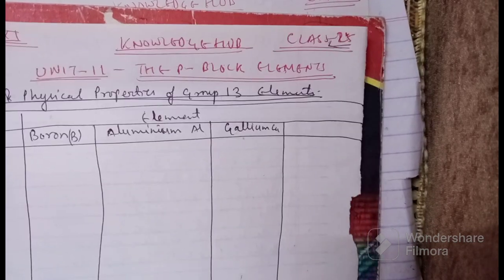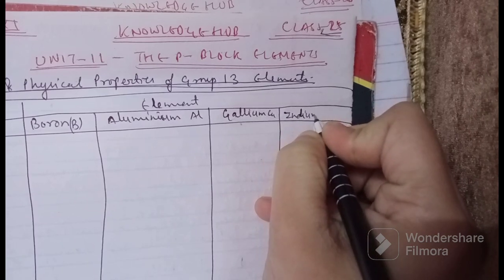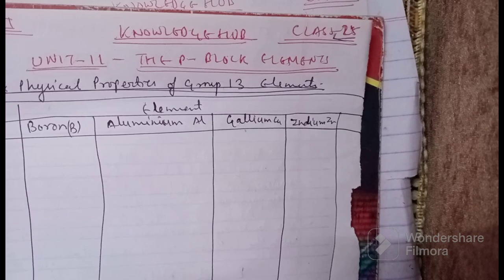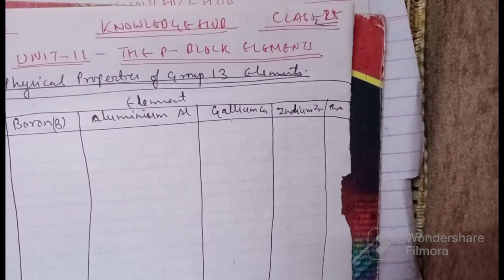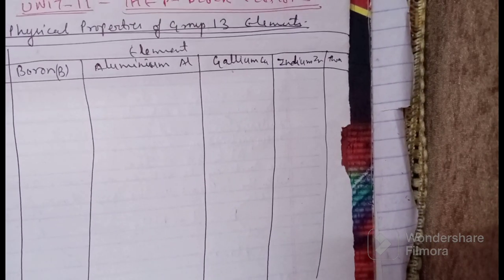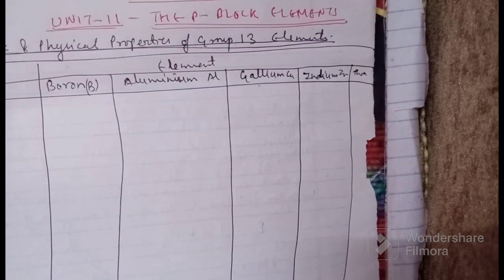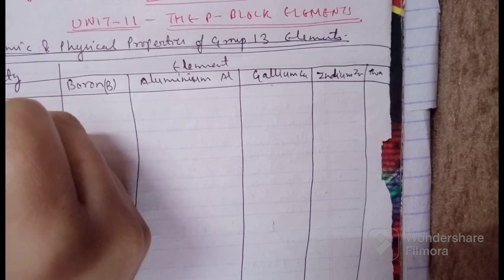Then you have indium, In, and then of course thallium, which is Tl. Okay, so we'll go through it one by one. The first property we'll discuss is the atomic number.